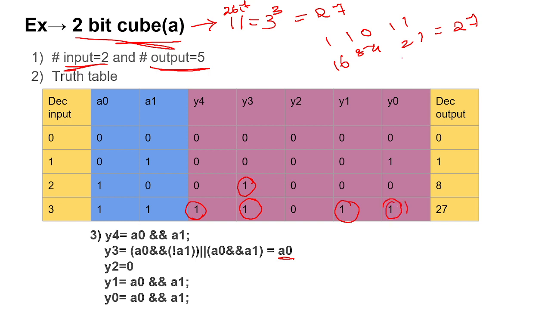So this you can draw as the combinational logic diagram, like you can have a0, a1, and a0 a1, and y4, y2 and y1, and your y3 is a0 and y2 is ground.